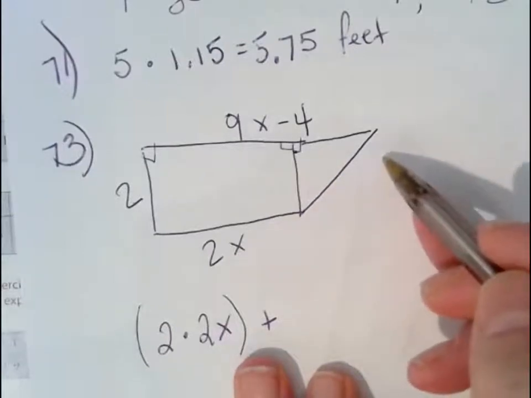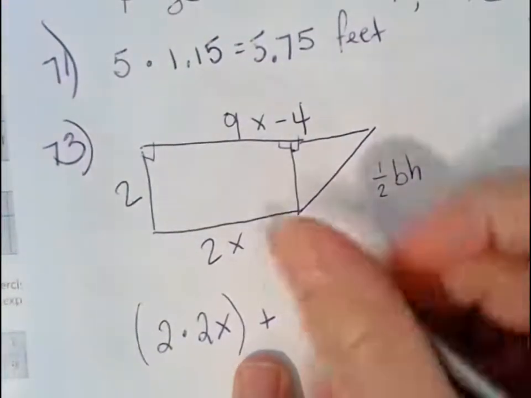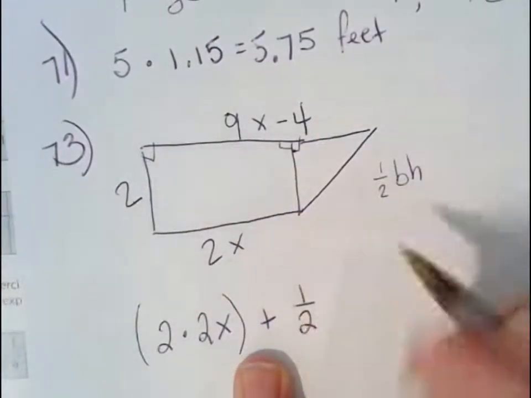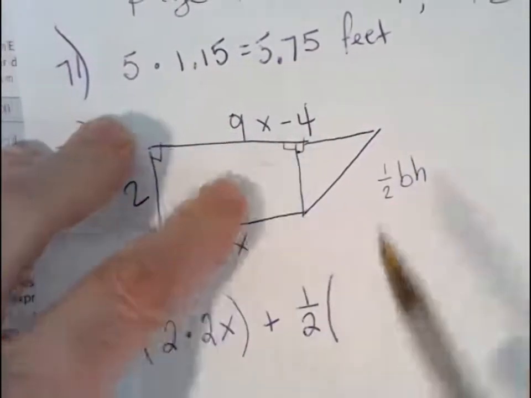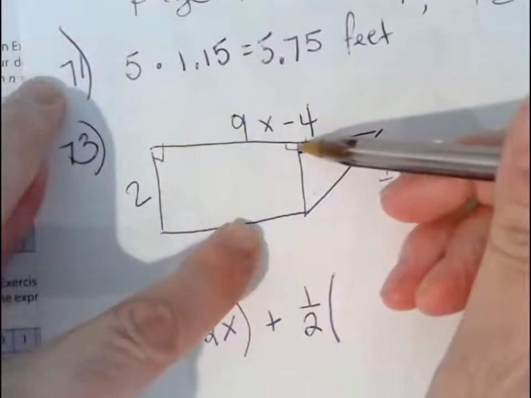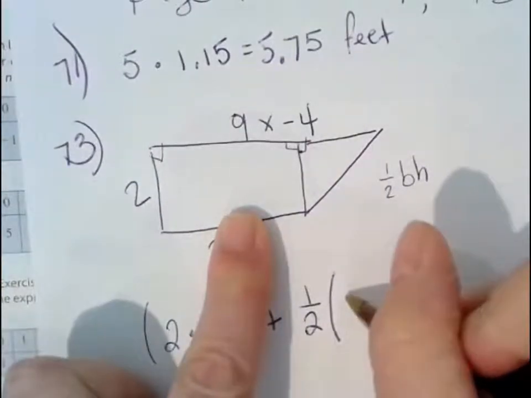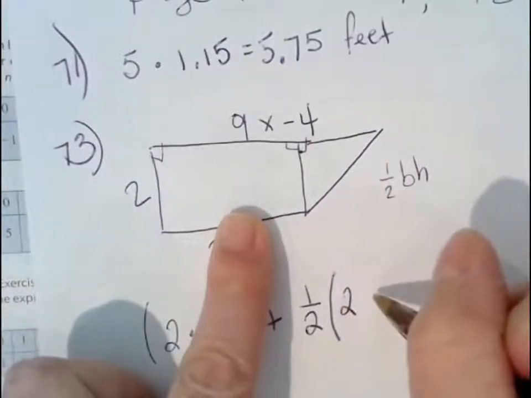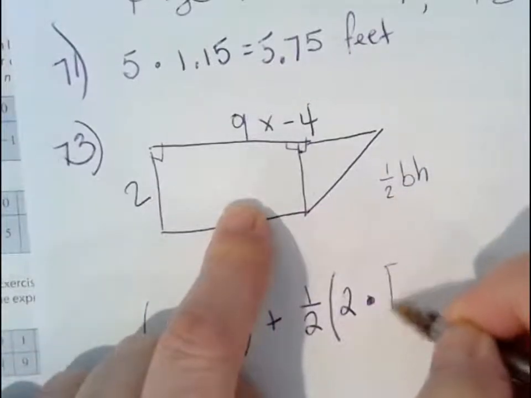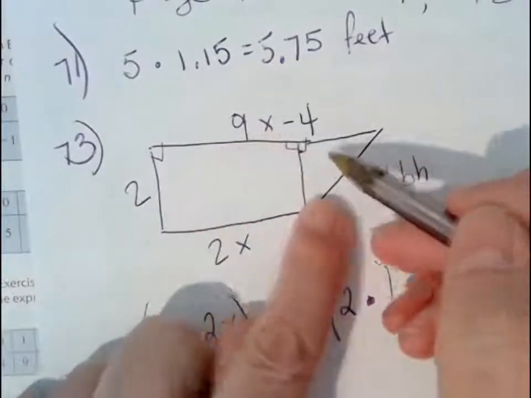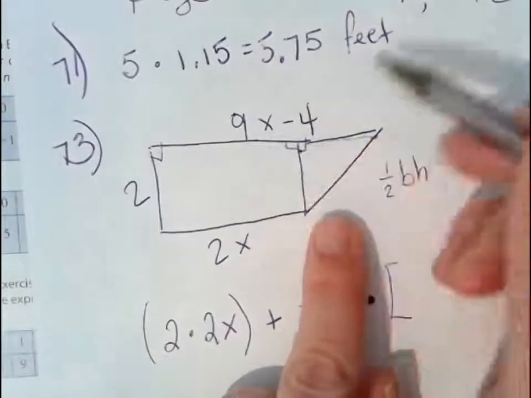And we know that the formula for the area of a triangle is 1/2 base times the height. So it's going to be 1/2 times, so the height we know is 2, times, this is the length of this small bit is going to be this long bit minus this 2x.